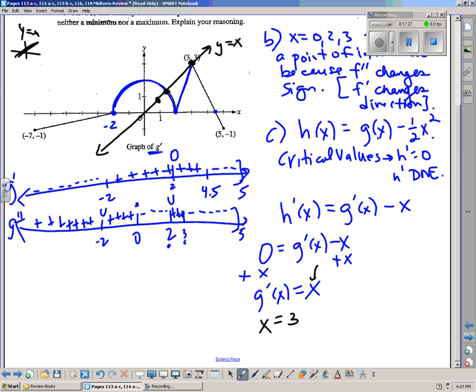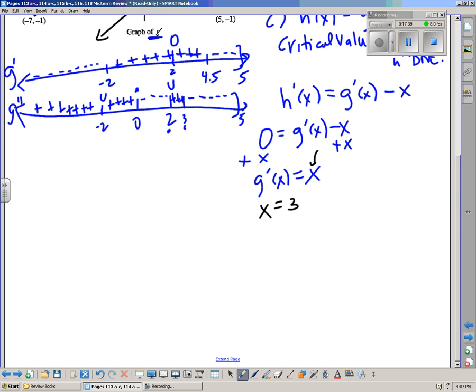Well, the circle's equation, if you notice, the circle is centered at 0, 0, and has a radius of 2. So the circle's equation is x squared plus y squared equals 4. Okay? That's the equation of the circle. But we know we want to get the point where y equals x.